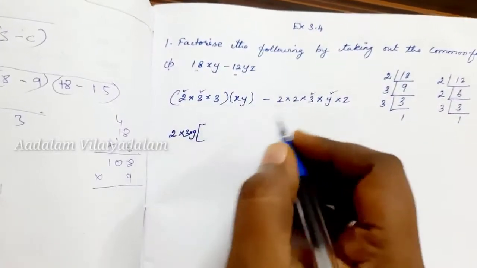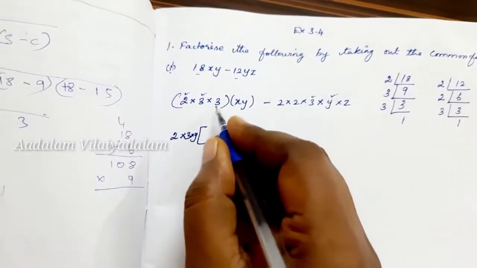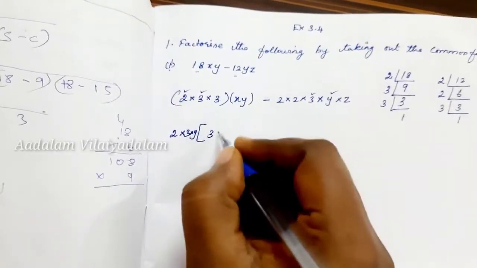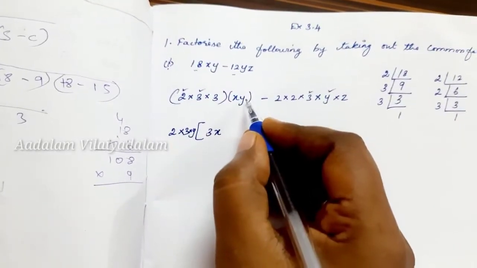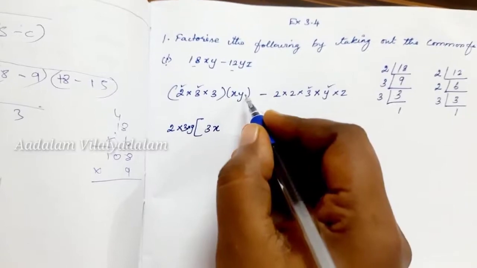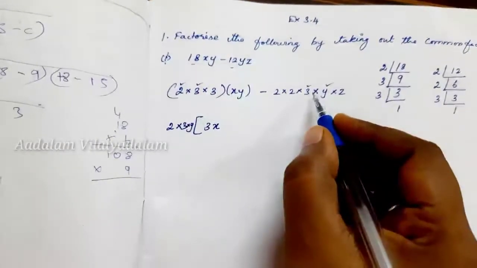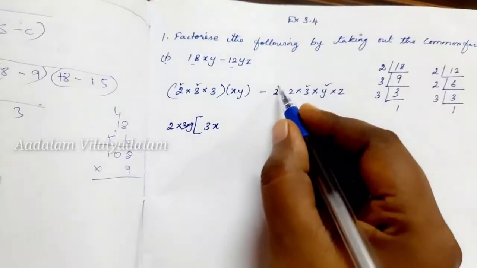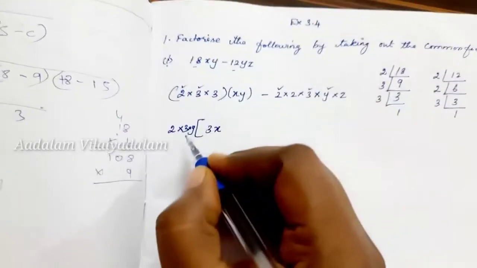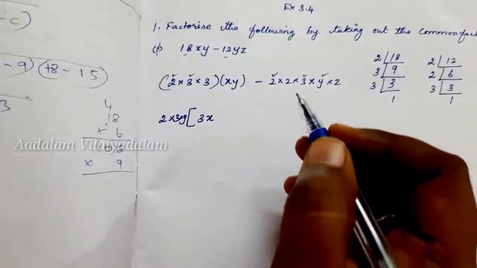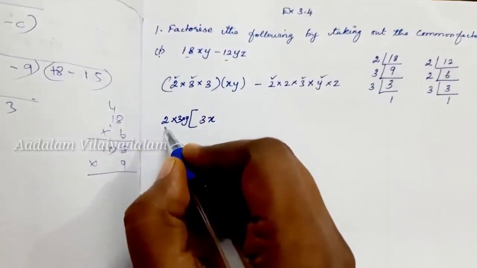Then let's write the remaining terms, that is 3x, because we have taken out the y. So just leave the y and write the 3 and x. Here we have taken 2 as a common factor.